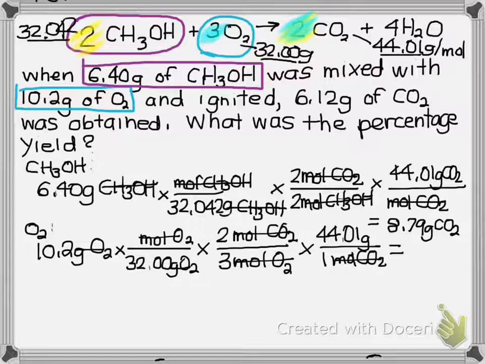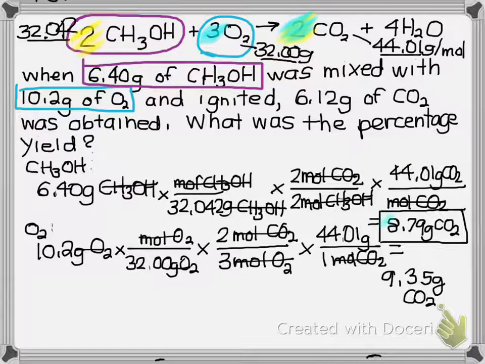So 10.2 grams divided by 32 to get moles of oxygen, times 2 divided by 3 to use the ratio, times 44.01 to convert moles of CO2 to grams of CO2, and I get 9.35 grams of CO2. Okay, remember from limiting reactant problems that the amount that is smaller is what is going to be produced.